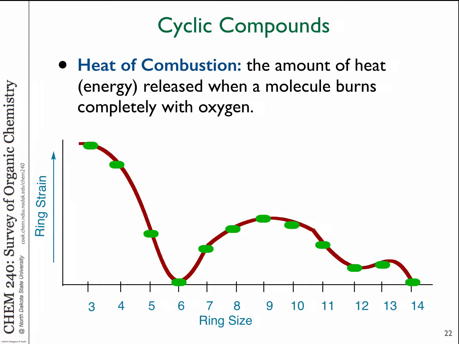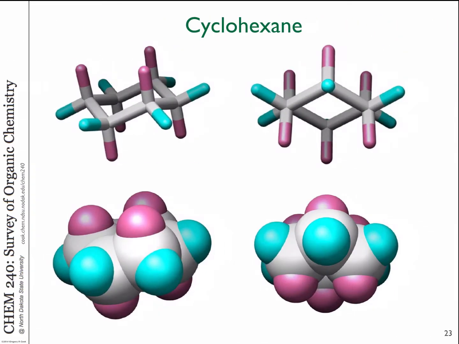And so what that tells us is that a 6-membered ring has been able to minimize all of the torsion and all of the angle strain, and be just like a linear alkane. And then as you go larger, you increase that. Why is that minimized? Well, let's take a look at the structure of a 6-carbon ring.